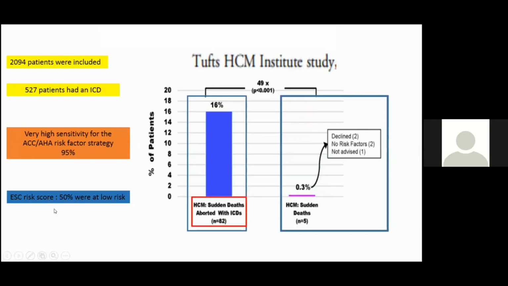One of the advantages of the USA risk score is that it limits the overuse of ICDs, as it allows an accurate identification of low risk patients, but it has a weak sensitivity of identifying high risk patients. But at the end of the day, only 6 ICDs allows us to save only 1 life. It doesn't matter whether we use the ESC or the American.